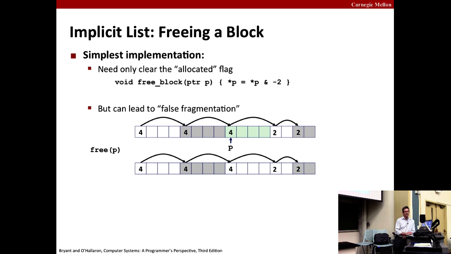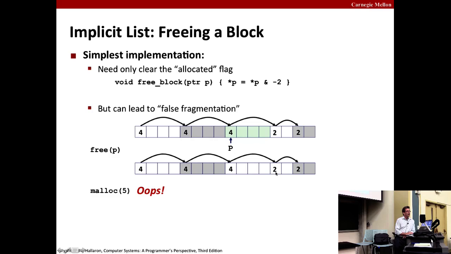But the problem now is this creates external fragmentation. If we just free that block of size 4, what used to be a block of size 6 now consists of 2 contiguous smaller blocks, one of size 4 and one of size 2.